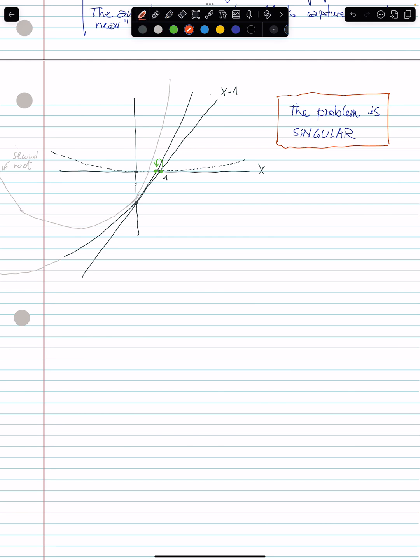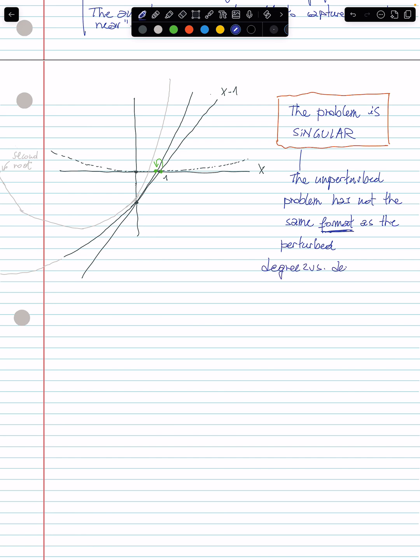Because the unperturbed problem does not have the same format as the perturbed one. By format, I mean we end up with an algebraic equation, but with a different degree: degree 2 versus degree 1.